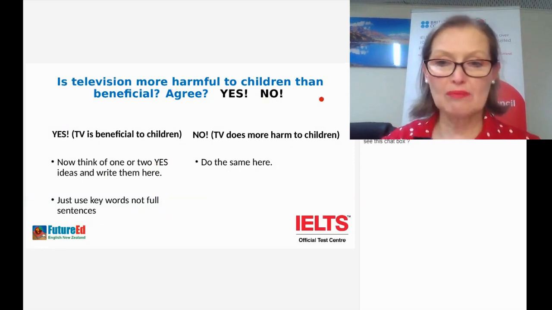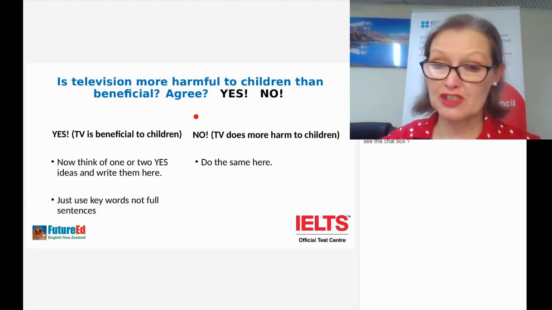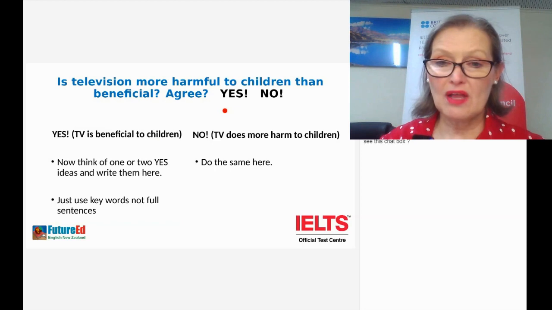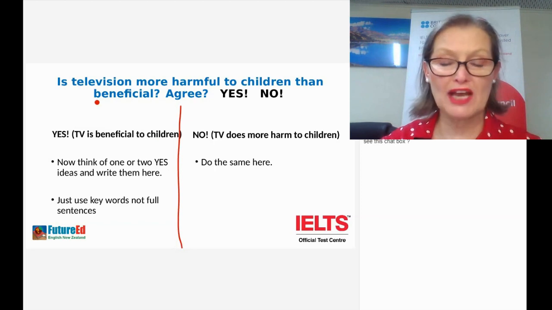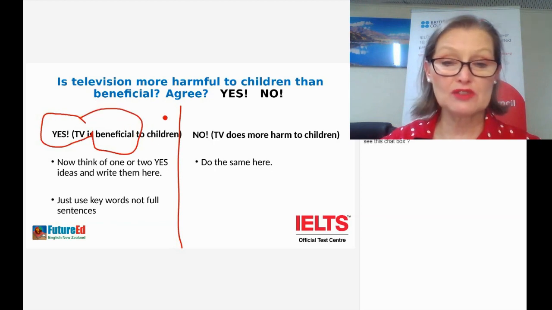Is television more harmful to children than beneficial? And we're going to say yes or no. Yes, television is beneficial to children. So we're going to draw this line down the middle because this is my two-sided essay, isn't it? And on the one side, we're going to say, yes, television is beneficial to my focus, children.